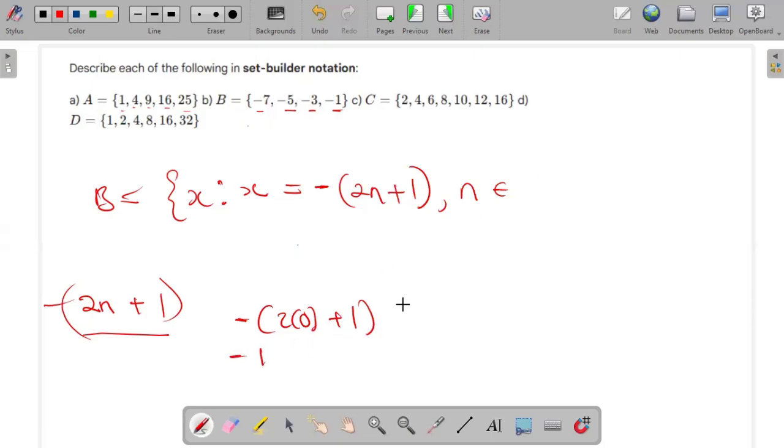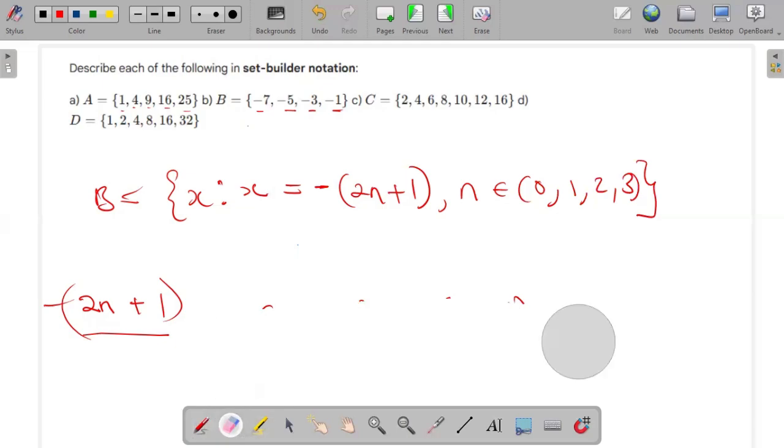Then when n is 1, you have negative 2 times 1 gives us 2, plus 1, then this gives us -3, which is the following number on this side. So all the way up to 3. Meaning this n is just a member of numbers that is 0, 1, 2, and 3, like that. Then I would close here.